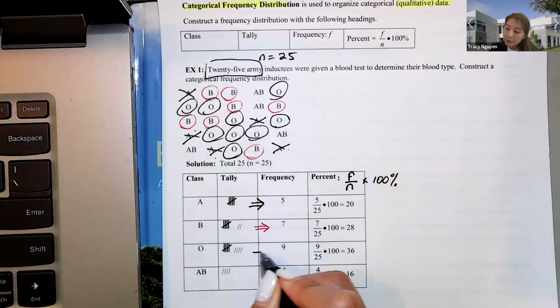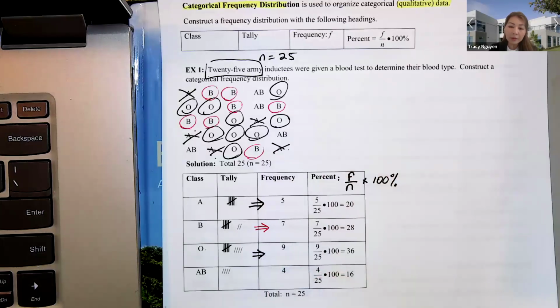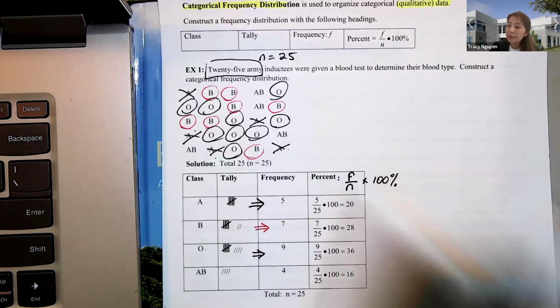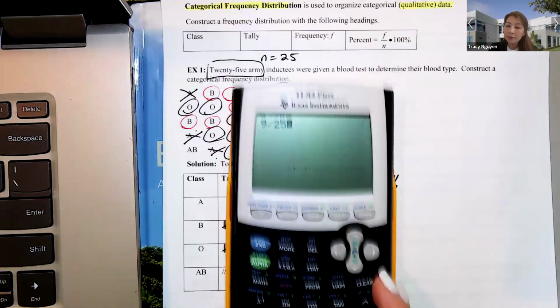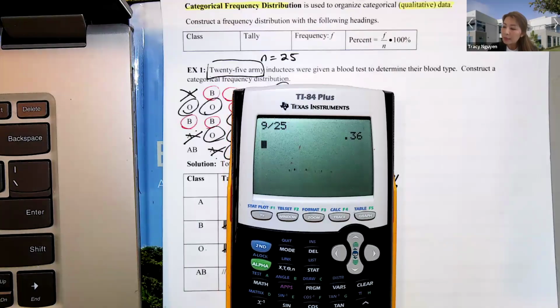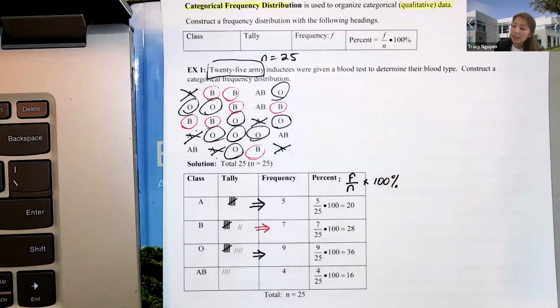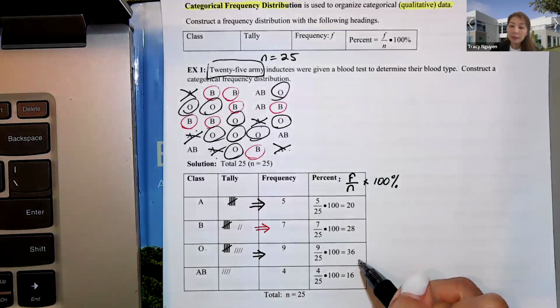That gives us the frequency with the numerical value of 9. Then we take 9 divided by 25. The reason we divide by 25, sorry for the glare, is because our total is 25. After we take 9 divided by 25, we times it by 100.